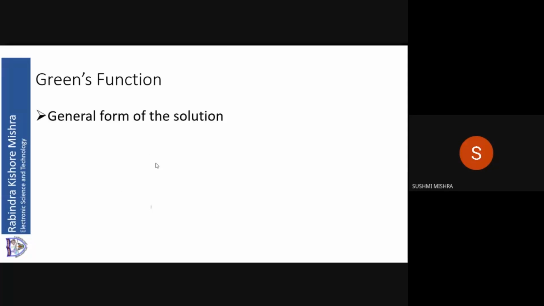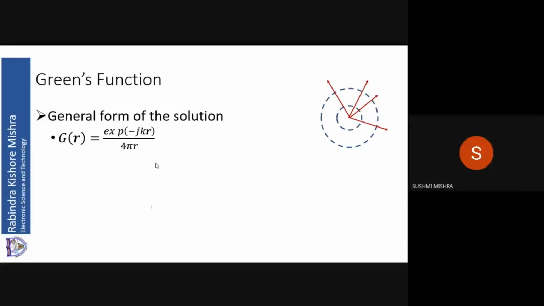So the general form of the solution for Green's function is G(r) is equal to exponential of minus jkr upon 4 pi r. Now let us examine this a little bit. We have put the source at the origin.